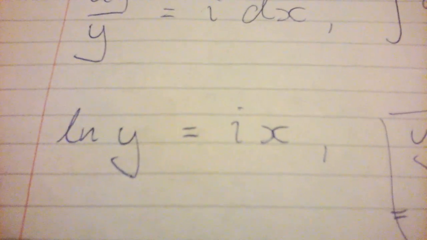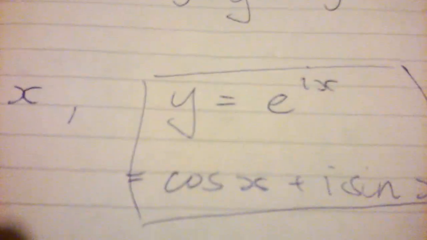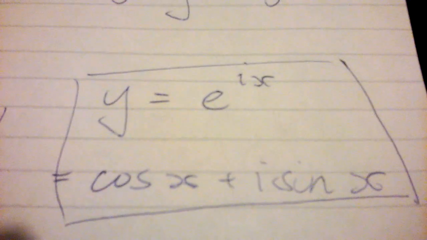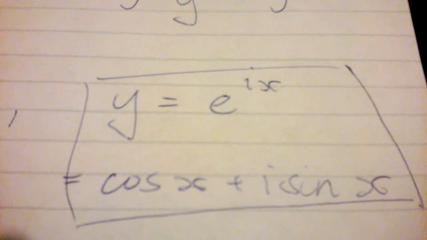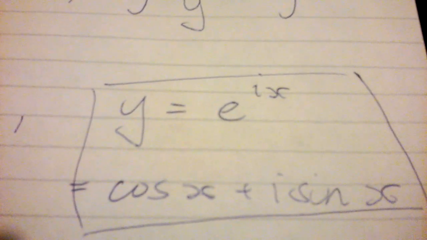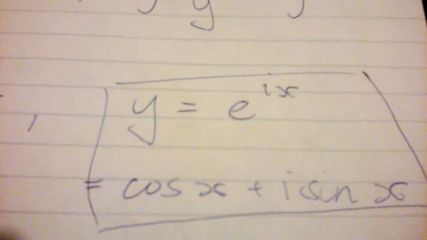So in this case, we don't have to add any factors or constants of integration, because if you just say y equals e to the ix equals cos x plus i sine x, it works for x equals 0.